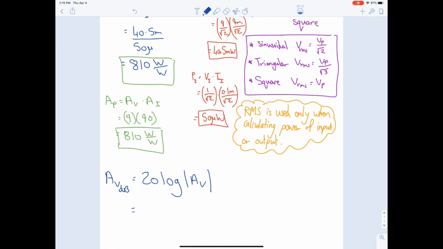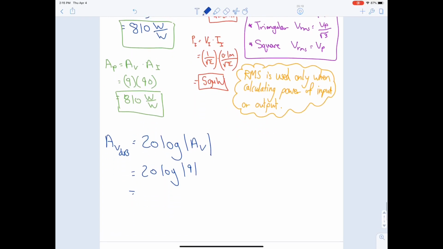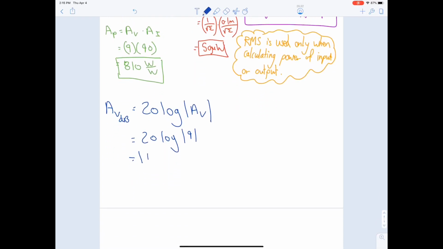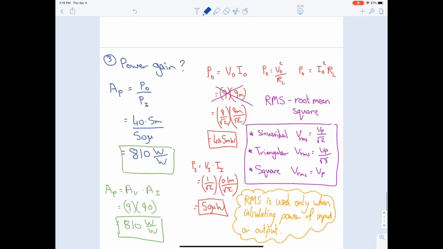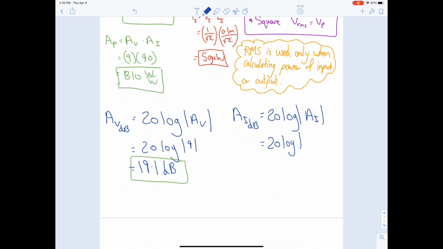Okay, so it's 20 log 9, which will give me 19.1 decibels, dB. Okay, let's compute AI in dB. It's 20 log absolute value of AI, which is equal to 20 log 90, right? 20 log 90, which will give me 39.1 decibels.